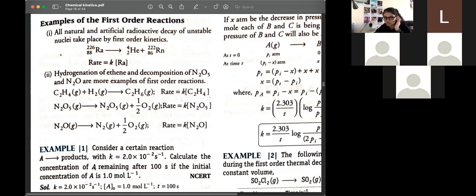Actually, I told you to use a calculator, it'll make it easier. I said you can use a calculator.